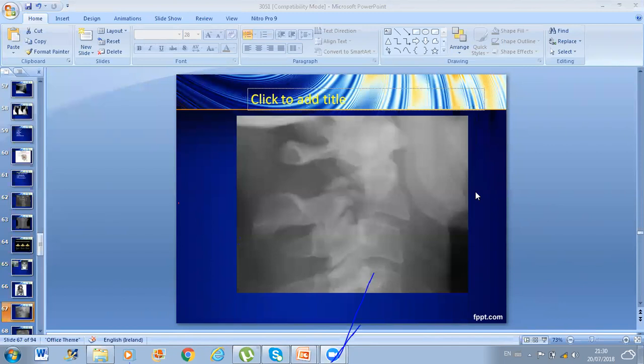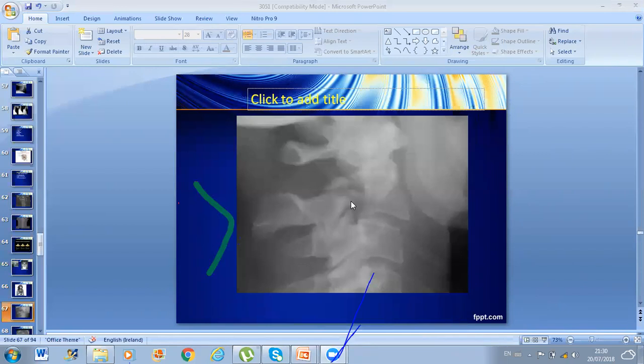Excellent. And which level? C2. This is C2, right. So what fracture is this? It's a bilateral pars fracture. Is there any name for this fracture? The hangman fracture. Very nice.